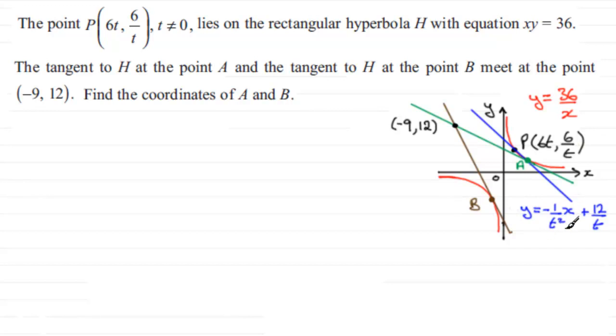It's going to be a quadratic equation. I can see that because of the t squared. So it's going to be 2 values of t. And then I can put those 2 values of t into this point P here, and they will correspond to the points A and B. So that's essentially the method.